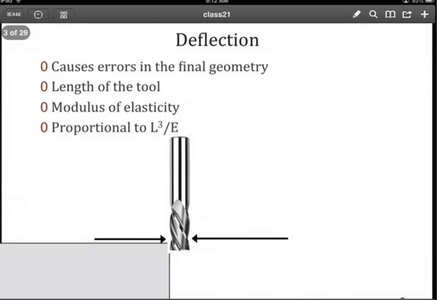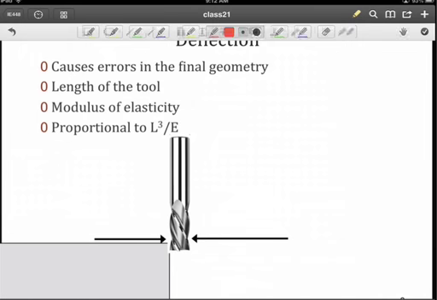When you look at the deflection problem, you can think of the tool that is attached to the collet, which in turn is attached to the spindle, and now we're coming into contact with the workpiece here. By moving it into the workpiece, you can see here we've got an opposing force, the workpiece itself, and we've got the force of the spindle moving it into that workpiece.